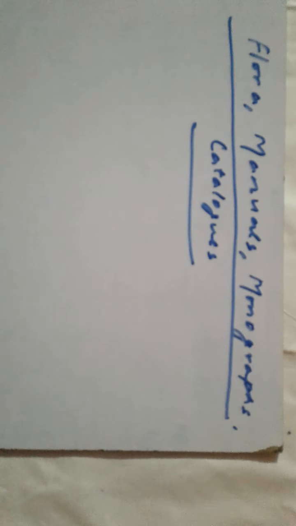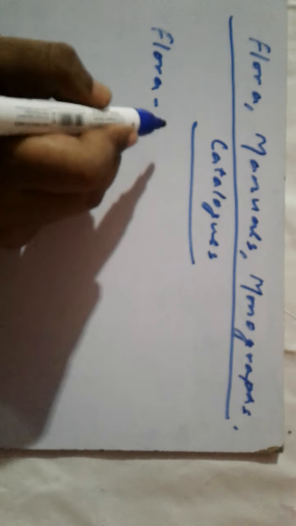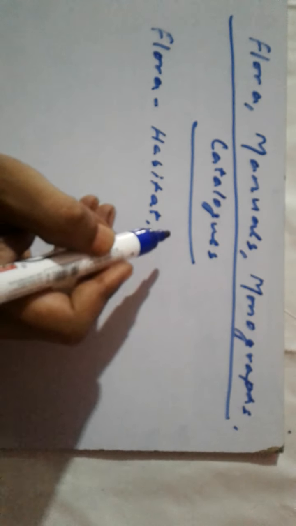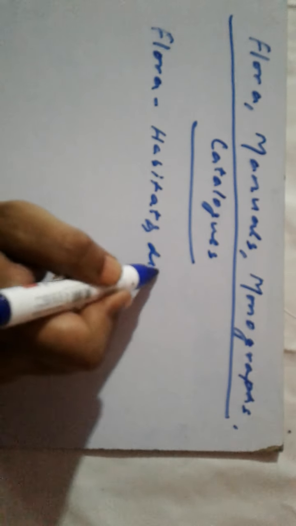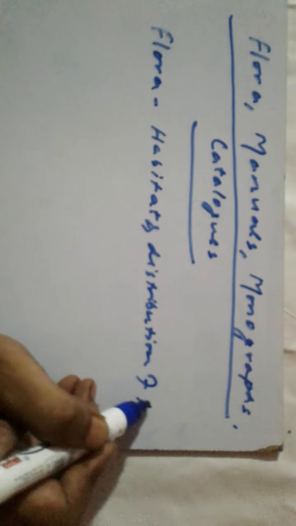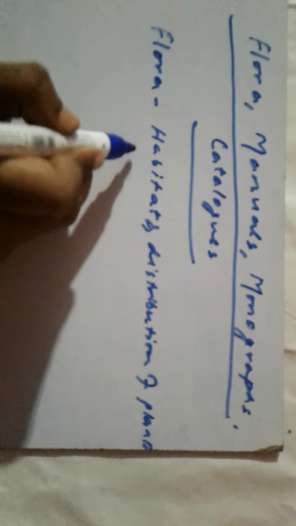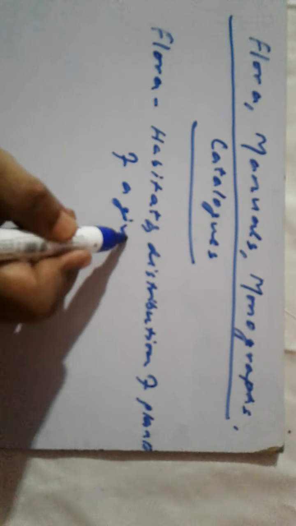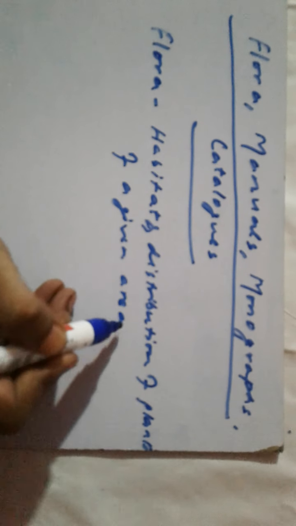There are some other means of recording descriptions also. They are flora, manuals, monographs, catalogs, etc. What does flora tell? It tells us about the habitat and distribution of plants of a given area. What are manuals?